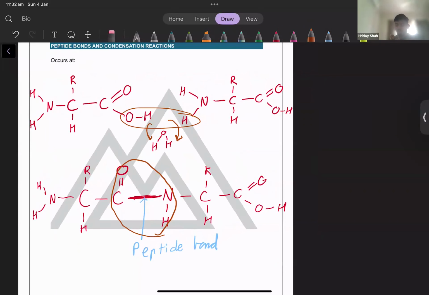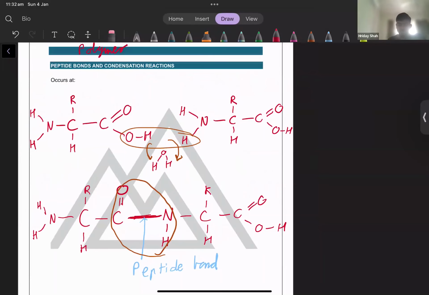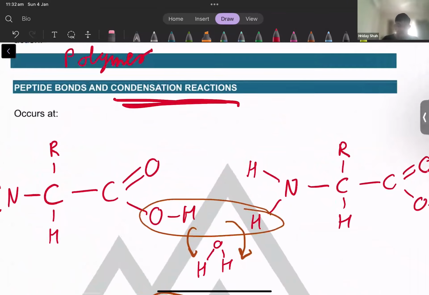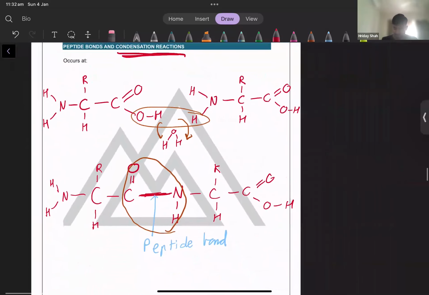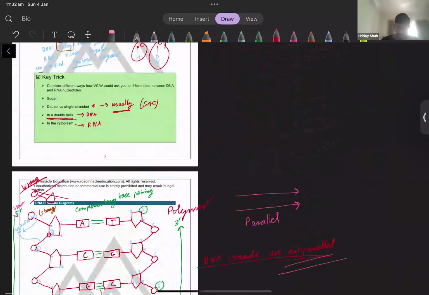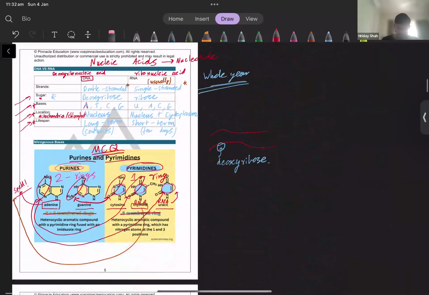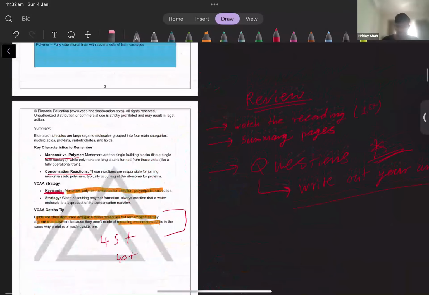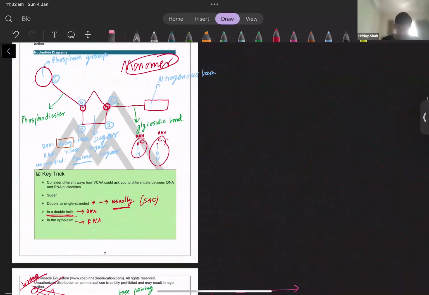So this peptide bond that has formed, the reaction that forms the peptide bond is called a condensation reaction. Now, what is condensation referring to? It's referring to water. So any reaction that releases water is going to be called a condensation reaction. In fact, even above, when we join together two nucleotides, where is our phosphodiester diagram?